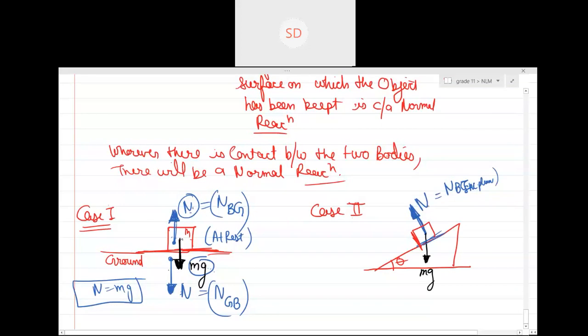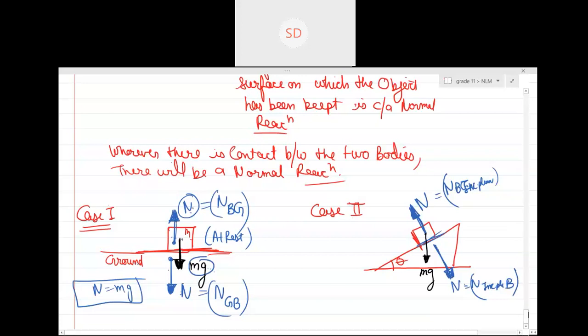And this is the direction of n, equal and opposite, n on the inclined plane due to block. Is this clear guys? I will not be writing this now, on which the force is acting or something like that. Is this clear guys, how to draw normal reaction?